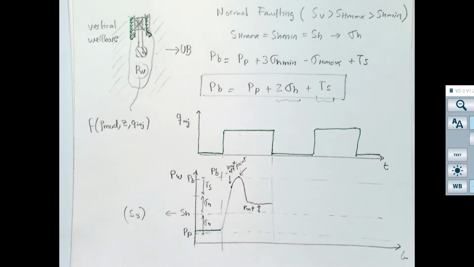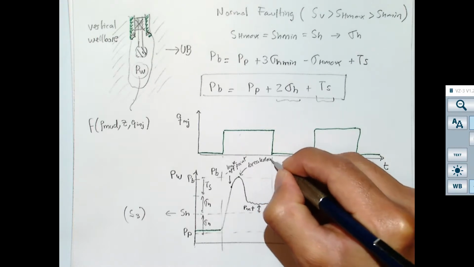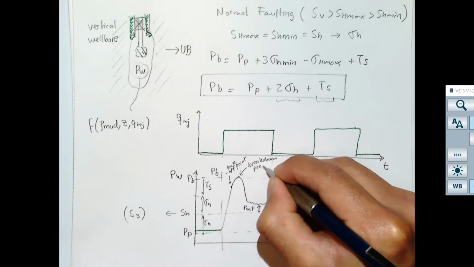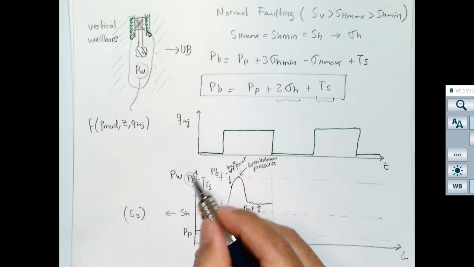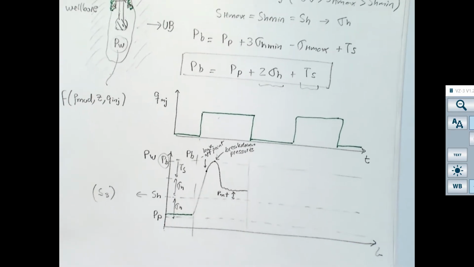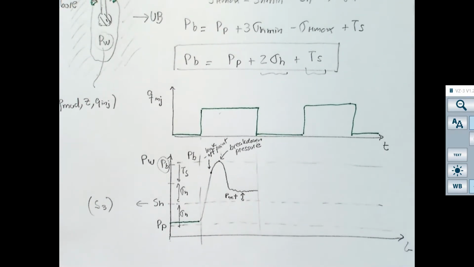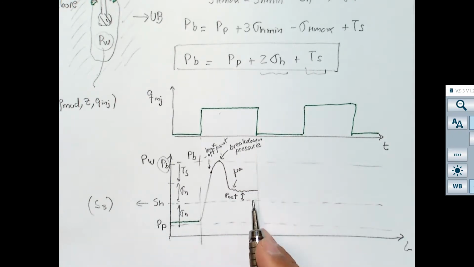This point over here, the maximum, is called the breakdown pressure, and that's why we called that value before PB. And the pressure at which the fracture propagates, and this is more or less a constant value.